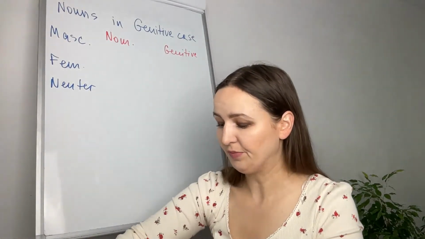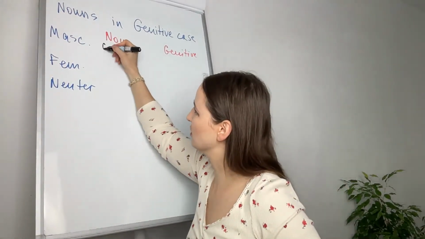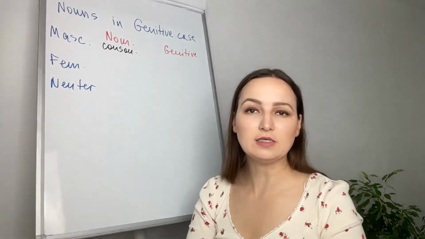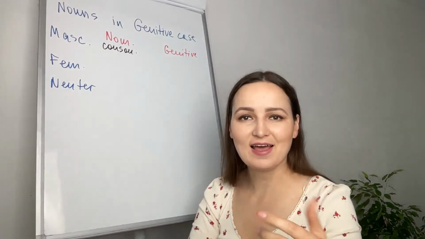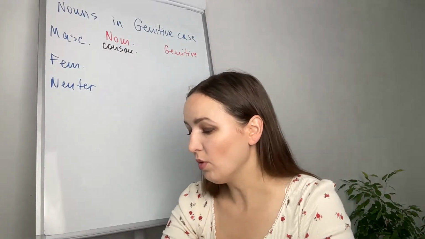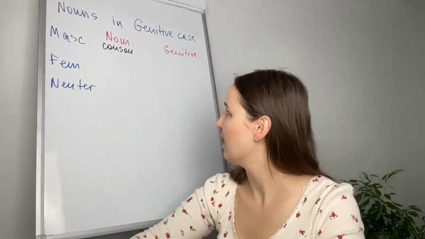For example, if a word in masculine ends in a consonant, consonant is letters like B, V, G, not vowel, consonant. Да? In consonant, we will add A to make the word genitive.